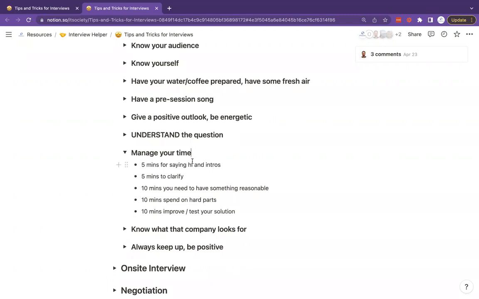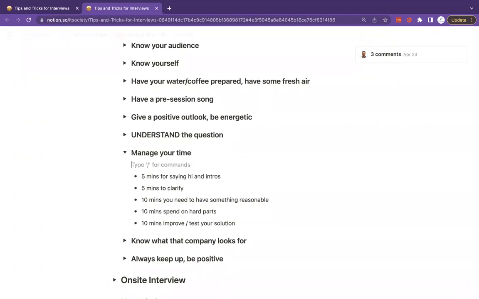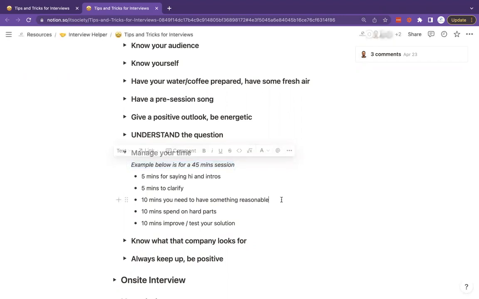And also there are some people in the audience from different backgrounds, maybe not programming. That's just to remind you that whatever interview you are getting, manage your time before you start so that you'll know what you are going to do. Like when people are training, they call it visualizing.